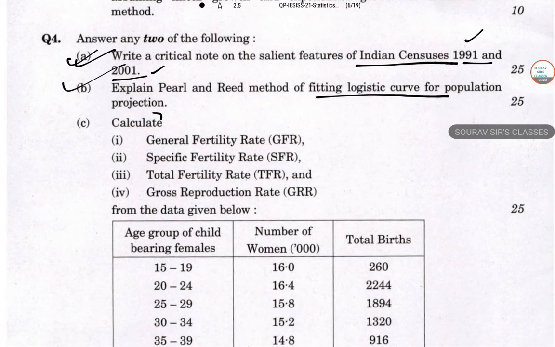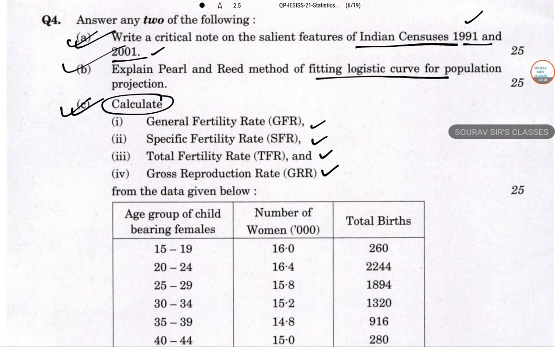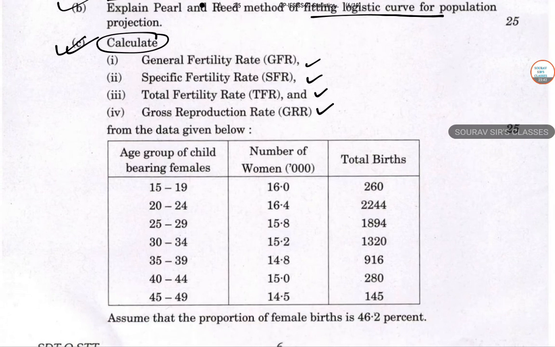Okay, next, calculate GFR, SFR, TFR, and GRR. This is a direct question. I have already shown this before, so it's a pretty direct formula only. You can put the values into this and get the value.